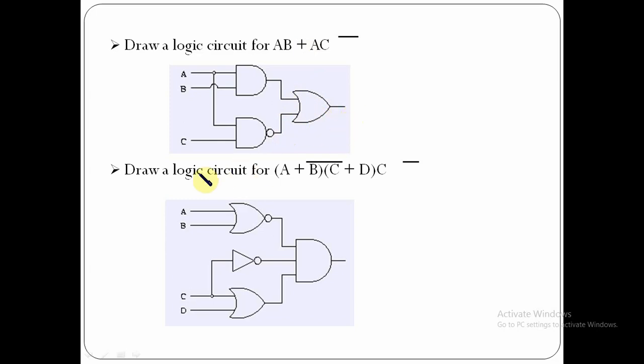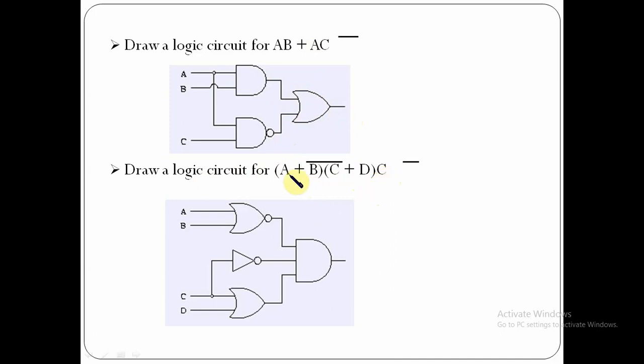Another example is (a + b bar), in the second bracket (c + d), and the third term is c bar.